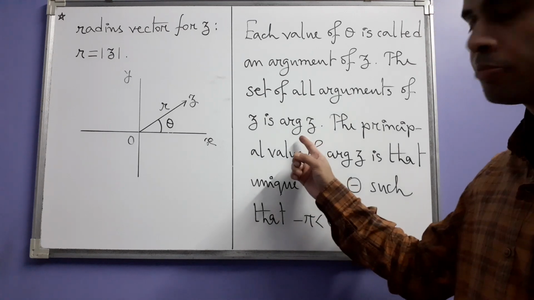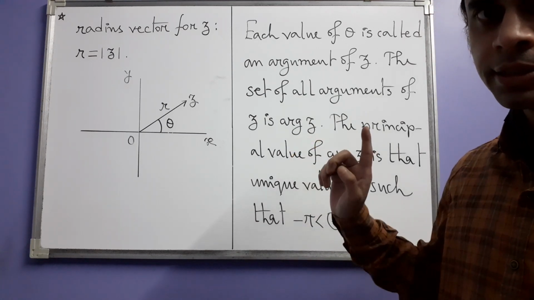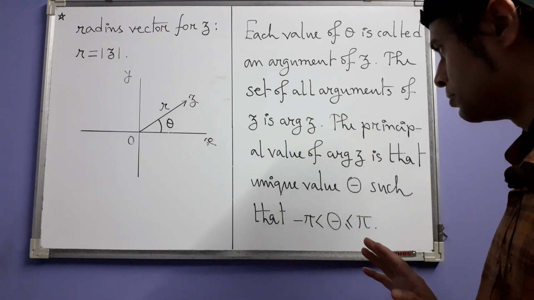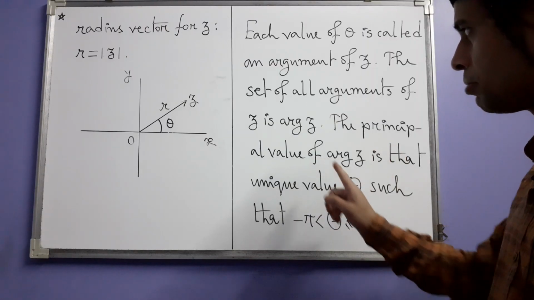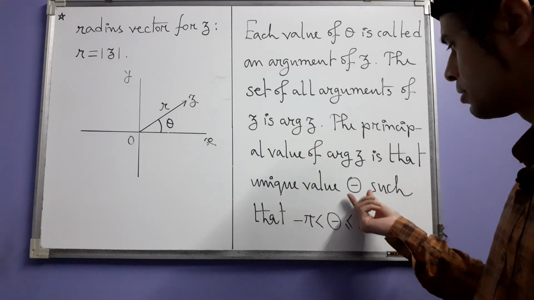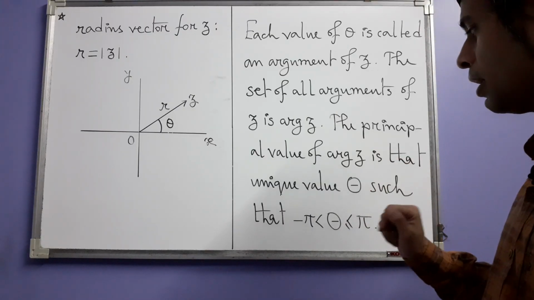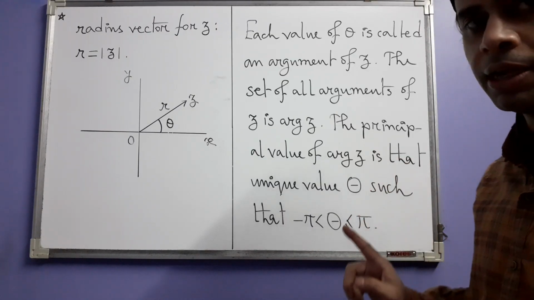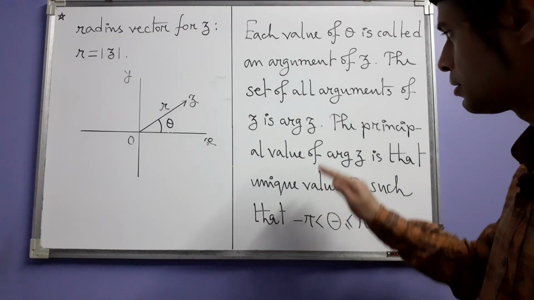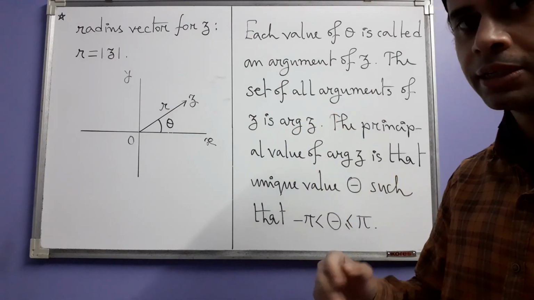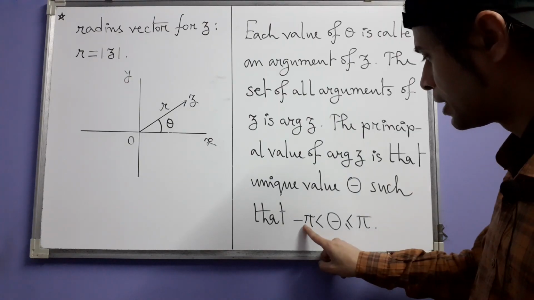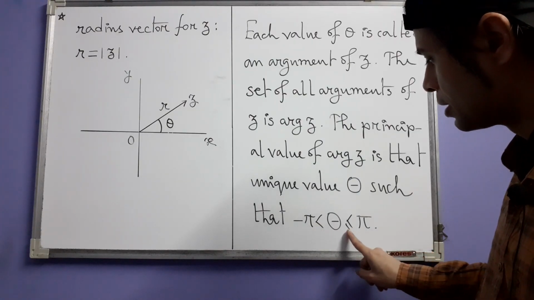And among all the possible infinitely many values in this set, there is a special value that is called the principal value of this set, which you can denote by capital theta, which is that unique value which satisfies these inequalities. Keep in mind that all these angles are measured in radians. Minus pi less than theta less than or equal to pi.